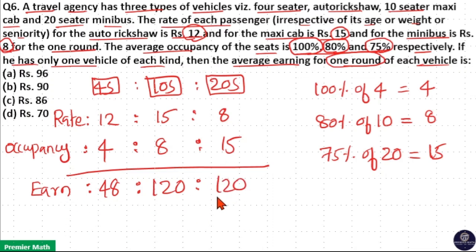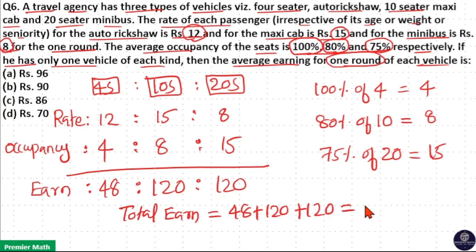Now, you can see earning is 48 and 120 and 120. Auto rickshaw and maxi cab and minibus. That means total earning. Total earning is 48 plus 120 plus 120 which is equal to 120 plus 120, 240, 240 plus 48, 288.